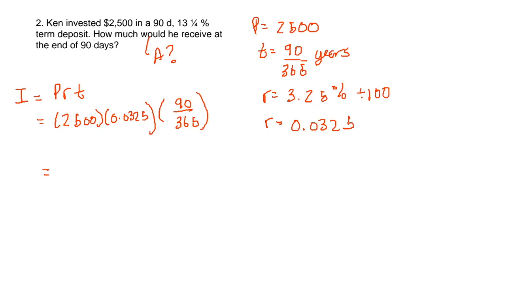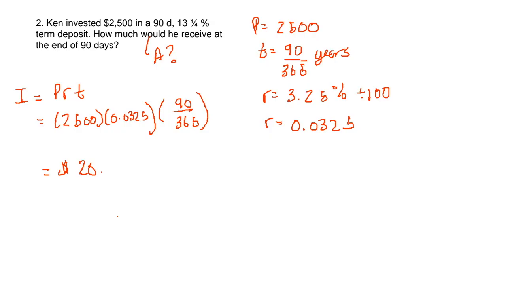So let's do that in my calculator. 2500 times 0.0325 times 90 over 365. I'm getting $20.03. That seemed low to me, but he's only putting it in for 90 days, so that's probably correct.